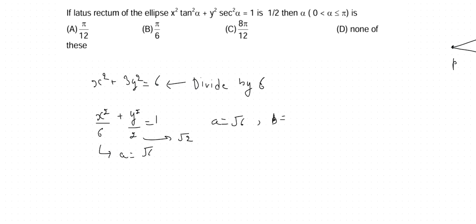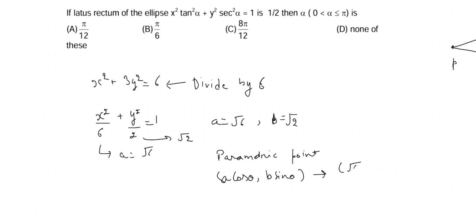So any parametric point on this ellipse is a cos theta, comma b sin theta. Okay, so that parametric point will be root 6 cos theta, comma root 2 sin theta. So theta is your eccentric angle.